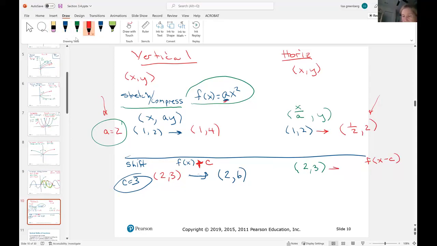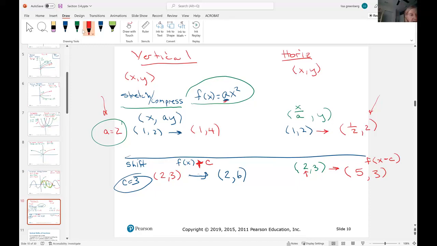Again, it's horizontal, so my y value stays the same, but my x value we add 3, because remember c is still positive 3, which makes it 5. Okay, if c was negative, then I'm moving it to the left, which means I would subtract 3.